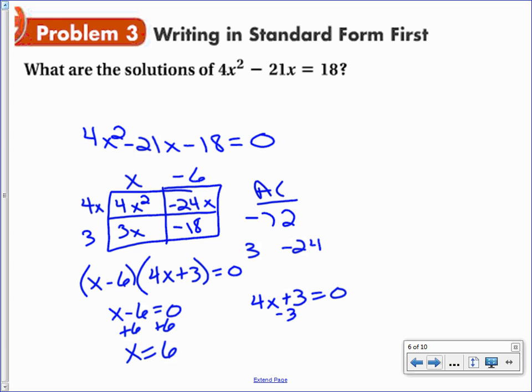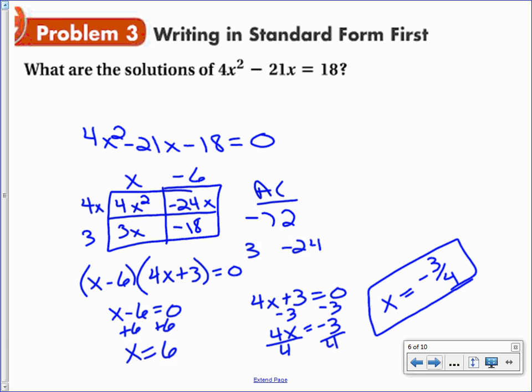So we subtract 3 as our first step. Then we also have to divide by 4. Okay, so we have our two solutions, and we solved these problems by using factoring.